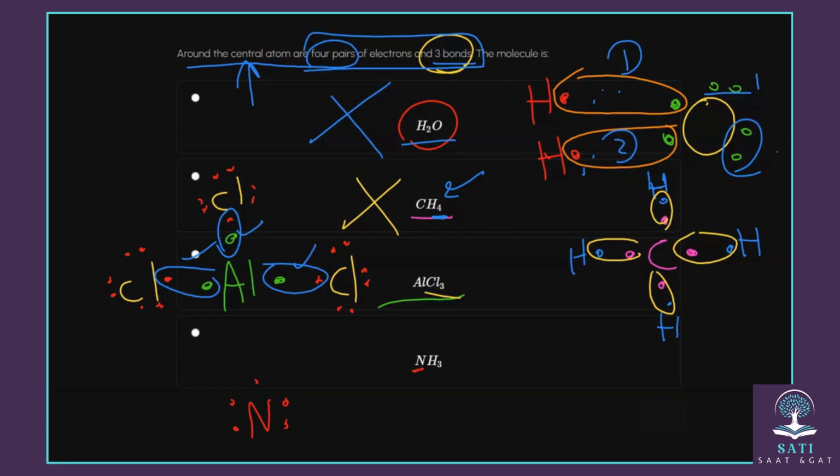Now we have 3 hydrogens, and hydrogen has only one valence electron. So this is 1 hydrogen, this is 1 hydrogen, and this is 1 hydrogen. Here we'll have 1 bond, here 1 bond, and here 1 bond. Why do we have these bonds?